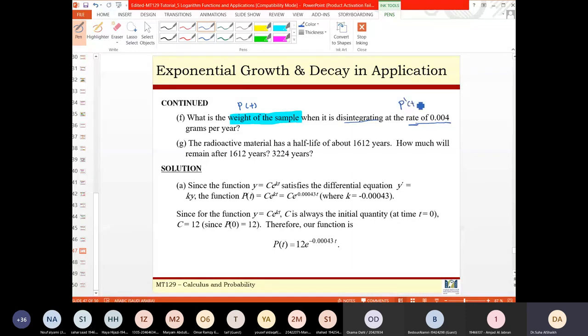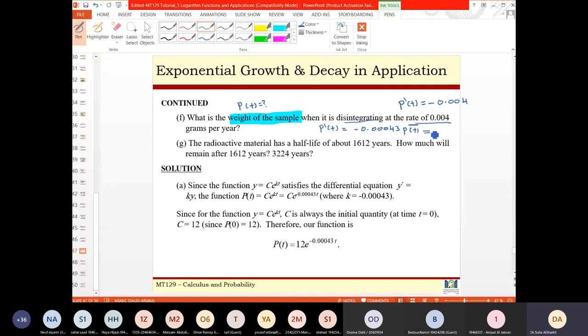The rate, which is P dash of T, and since it's disintegrating, the k is constant, we found it at the beginning. He is telling me the rate, which is again the derivative, is equal to minus 0.004. Why minus? Because disintegrating, it is getting less and less. So the question is they want P of T when P dash is equal to this. I know the formula that P dash of T is equal to minus 0.00043 times P of T.